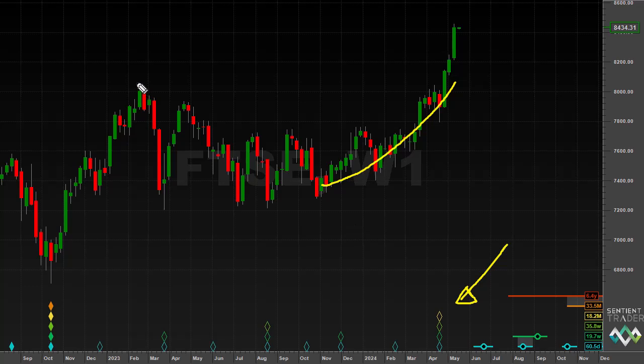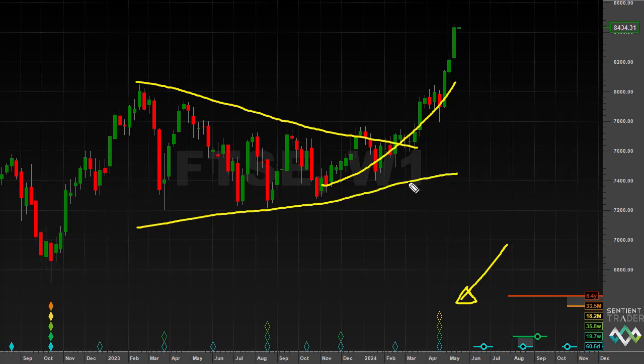The interesting thing about the FTSE is that it has undergone a long period of consolidation, this fairly triangular type of formation that has played out pretty much throughout 2023 into the beginning of 2024. That sort of consolidation is always a challenge for a cycle analyst because of the diminishing prominence of the troughs that form during that consolidation.